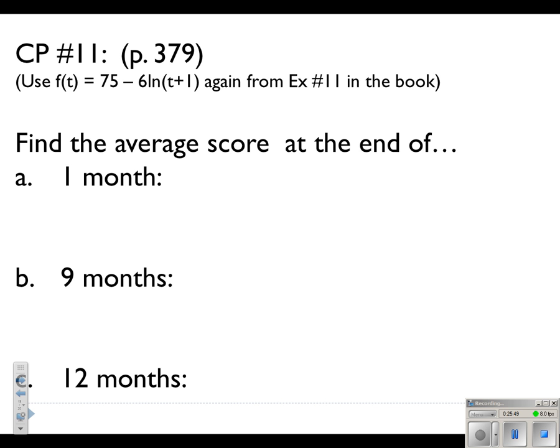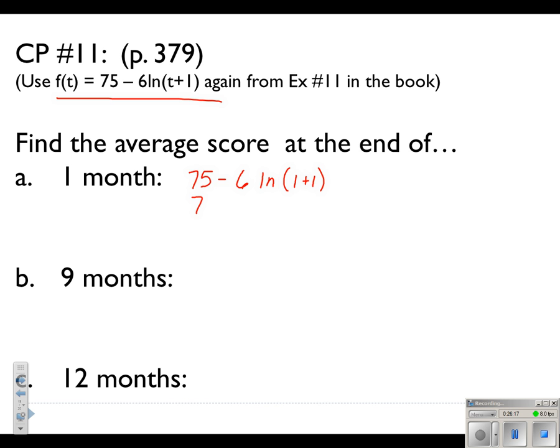So if our function is this, we want to evaluate that same score. It's talking about a memory score of how many problems you would still get right, or percentages or something like that. Find the average score at the end of a month. Well, in that model, t represents time in months. So all you have to do is plug in 1 for t.